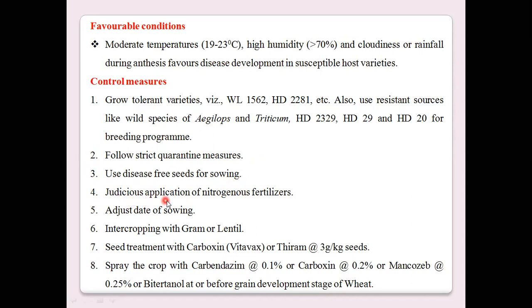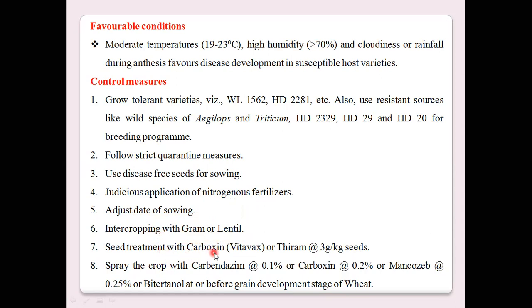Then judicious management or application of nitrogen fertilizers. Then adjust the date of sowing to avoid infection to the wheat crop at the time of flowering or grain development stage. Then intercropping with gram or lentil crops.